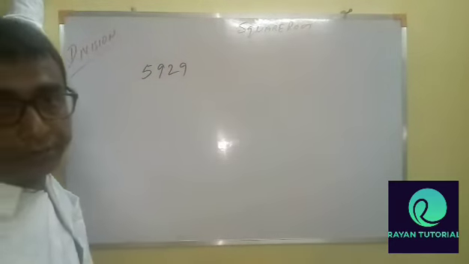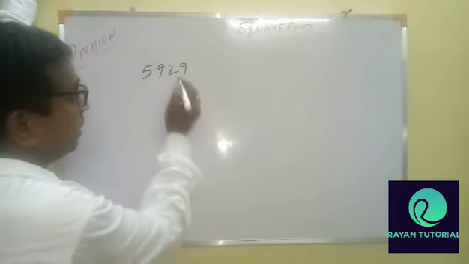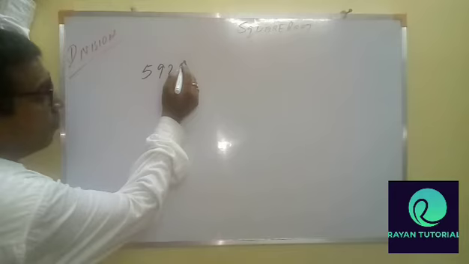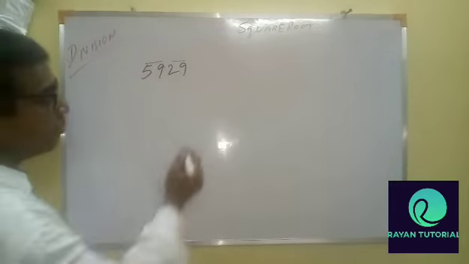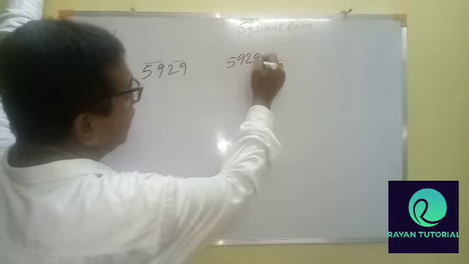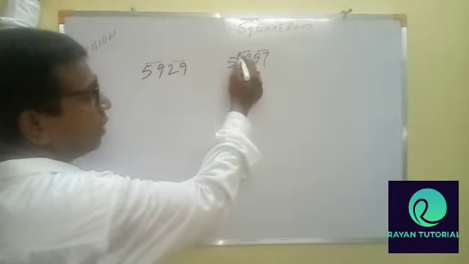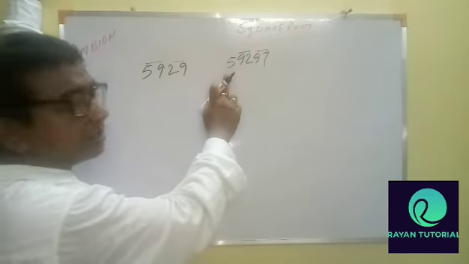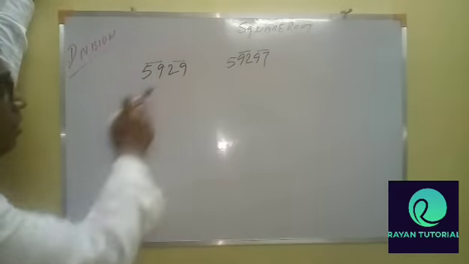So rule number 1: you should pair up the digits from the end. Means here is the last number, from here take up here, then take up here. Suppose it was 59297 last. So this cannot be formed up here because there is only one number, let it be like this.